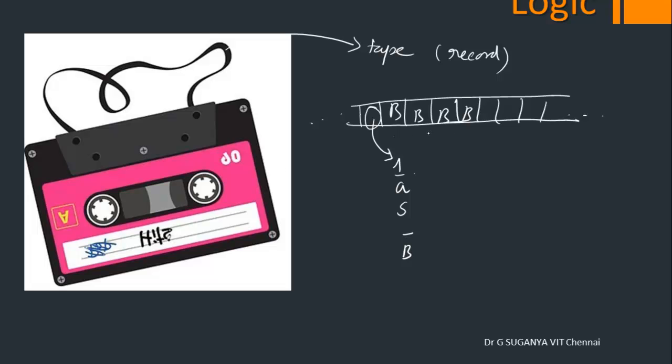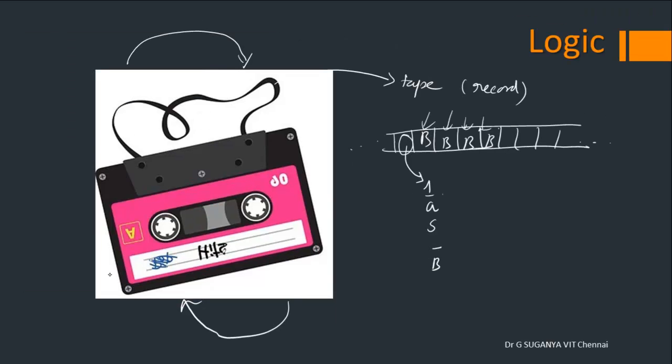As and when you record some song, the cells automatically get filled with data. When you record, the tape gets wound from here to this particular knob, and when you want to rewind, the tape gets wound back from this area to this knob. That's the functionality of the cassette.